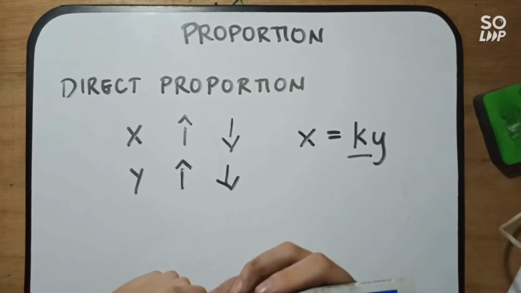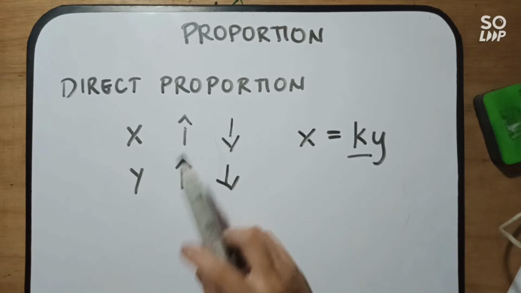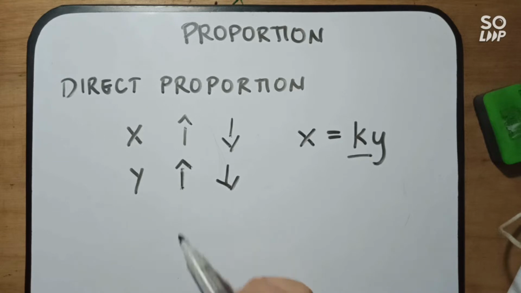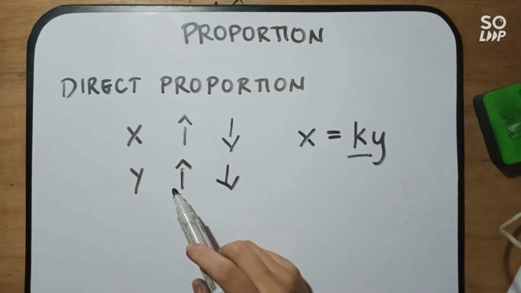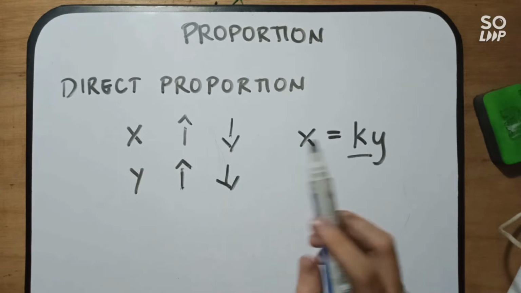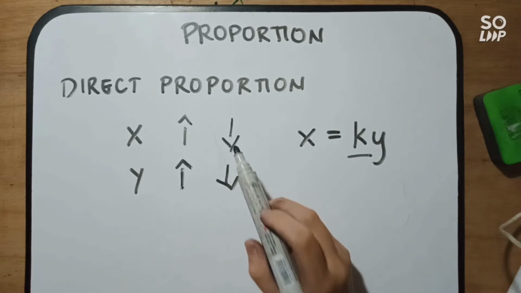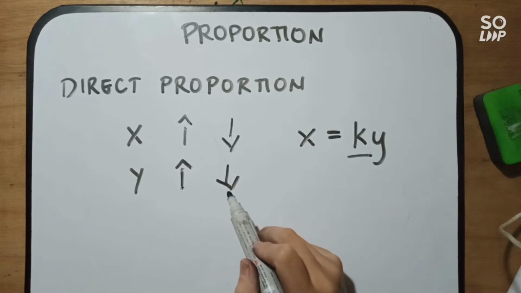An example of a direct proportion is, as the price of each ball pen increases, the total cost of ball pens for the whole school year also increases. Another example is, as the allowance decreases, the amount of food you can buy also decreases.